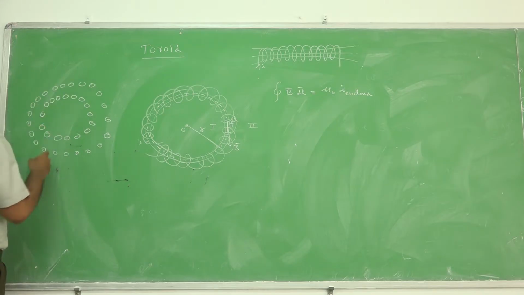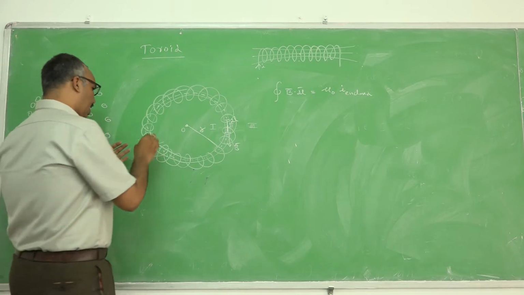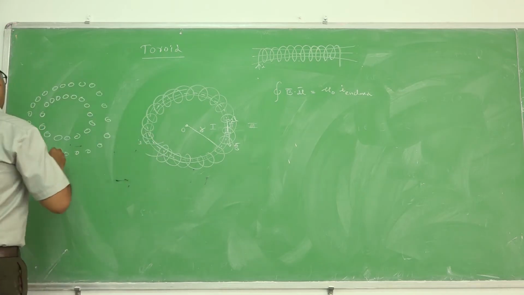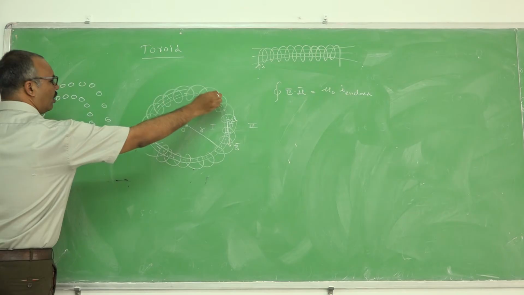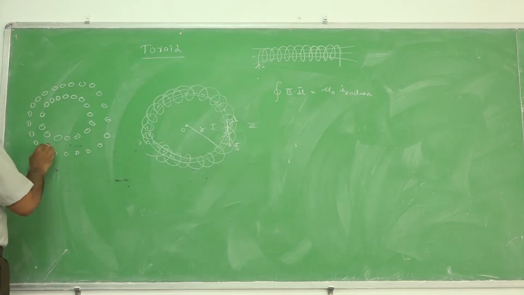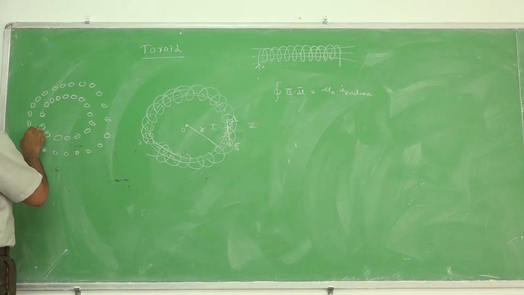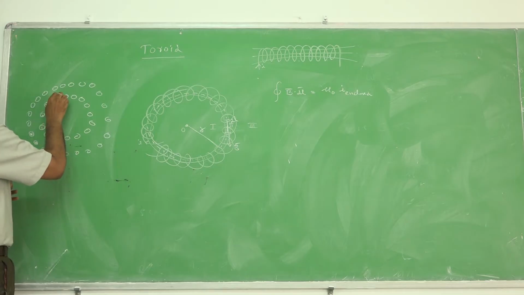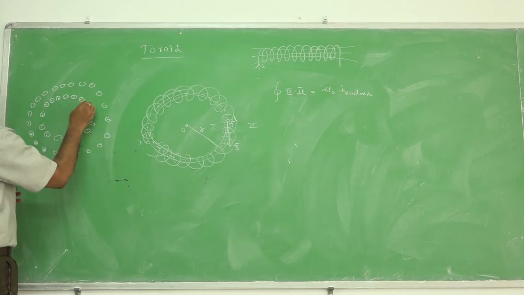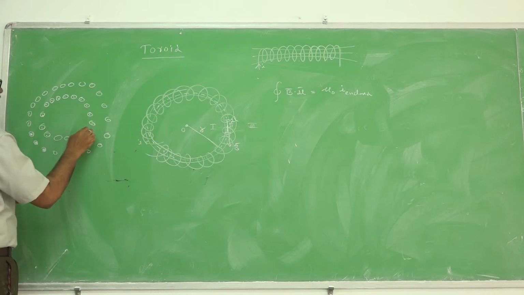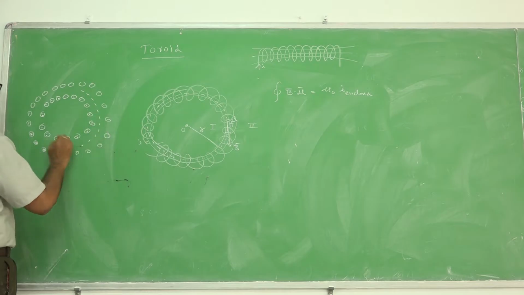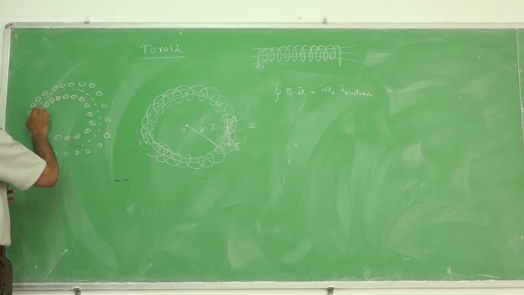As the current is going like this, on the outer cross sections, current is going into the paper. Then obviously in the inner cross sections, current is coming out of the paper. Here is the Amperian loop I considered.